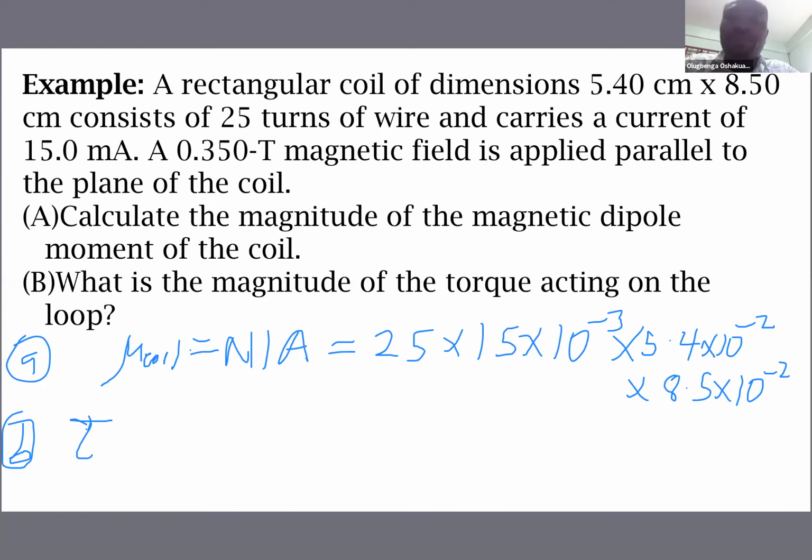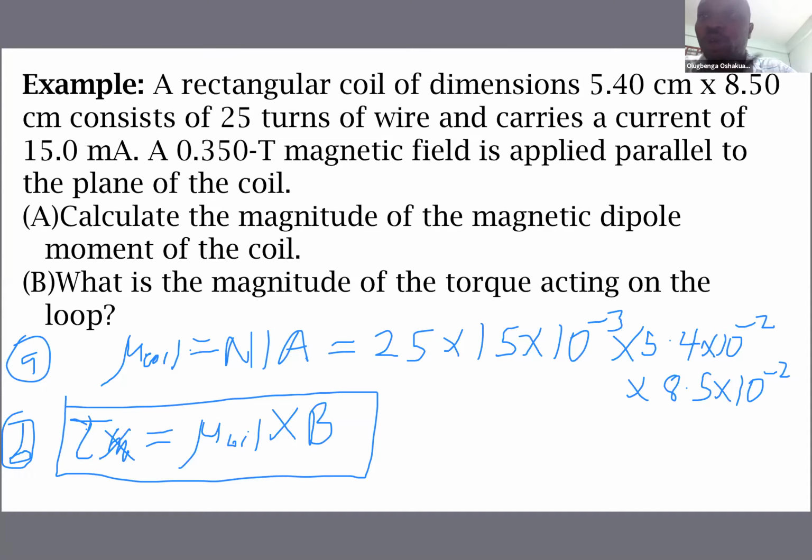If it is parallel, then I should expect our torque, which is equal to mu coil cross B, to be 0, because we need it to be perpendicular so that we would have a torque. So in short, this is the formula that relates the magnetic dipole moment and the magnetic field to torque. If it is parallel, then there is no need to waste our time calculating anything.